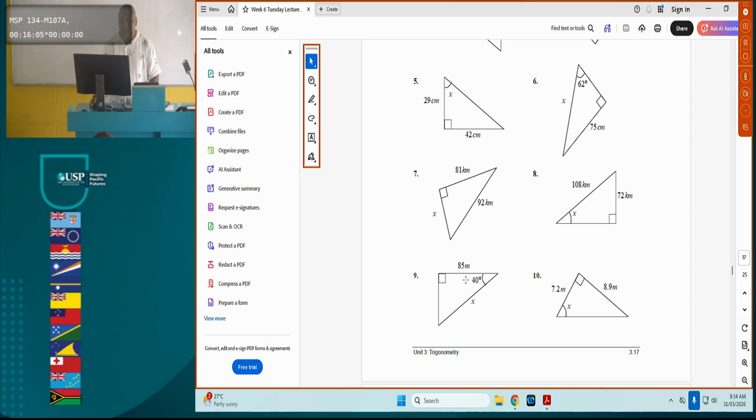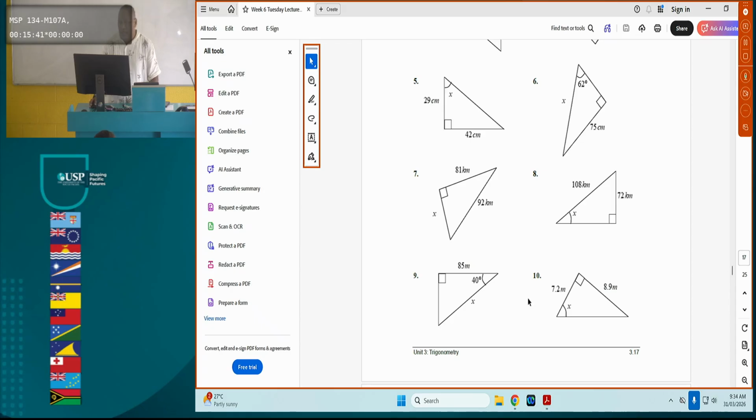Let's just discuss question 9. Which sides are you using for question 9? Adjacent and hypotenuse, A and H. So what are we using? CAH. Cos of 40 equals adjacent over hypotenuse.